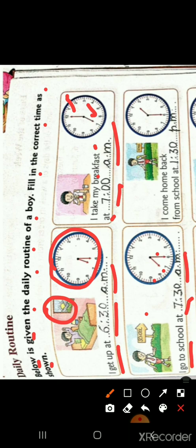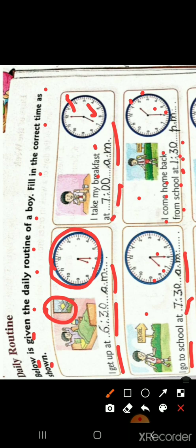Here the sentence is, I come back home from school at, and the clock is showing the time 1:30. How? Because the hour hand is between 1 and 2 and the minute hand is on 6.